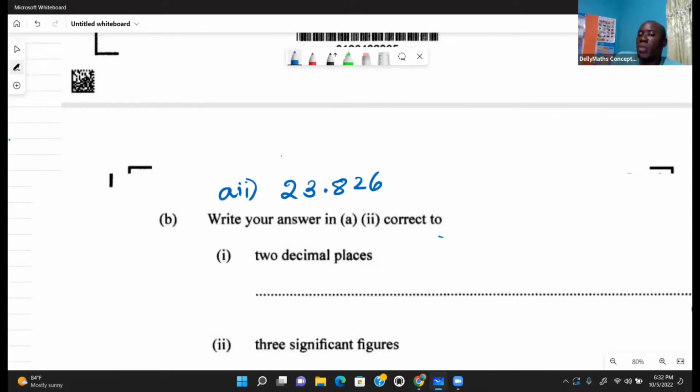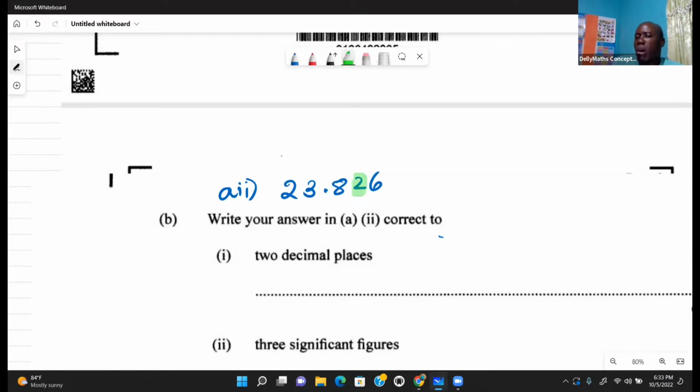And this is what I was saying when we were dealing with decimal places, that you will get something to work out and then they ask you to represent it a certain way. So they want you to represent this answer here correct to 2 decimal places. So I'm going to mark it up. Remember, when you're representing anything to 2 or any decimal place, you want to identify the digit that is occupying that spot.